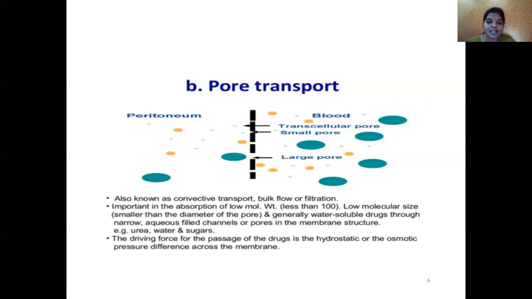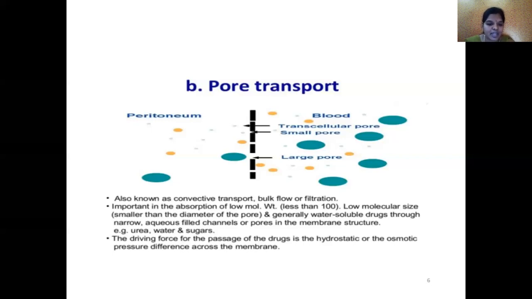The examples are urea, water, sugar. The water solubility must be high for your drug; only then is it achieving this type of pore transport. Urea is also a water soluble moiety. So these three are the examples for pore transport. Remember this?